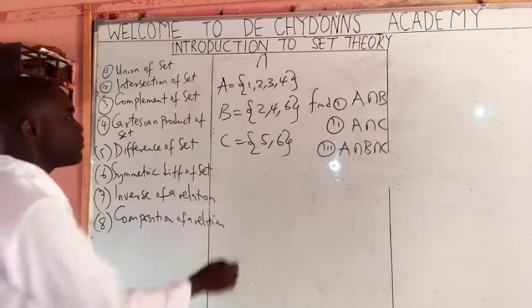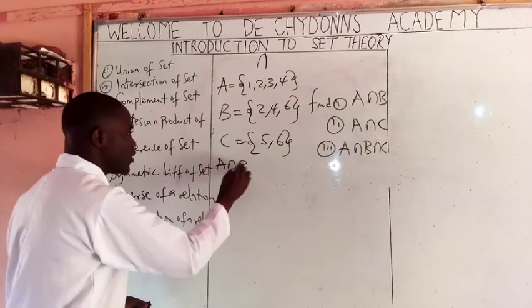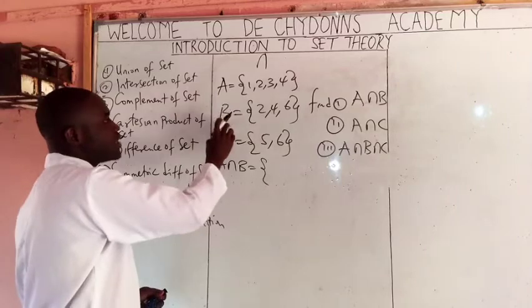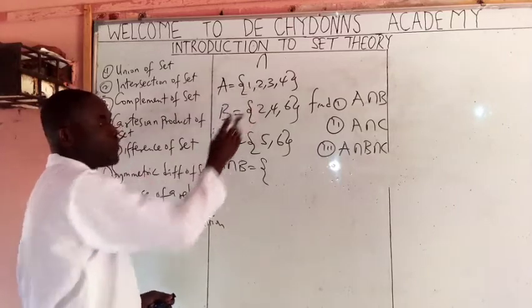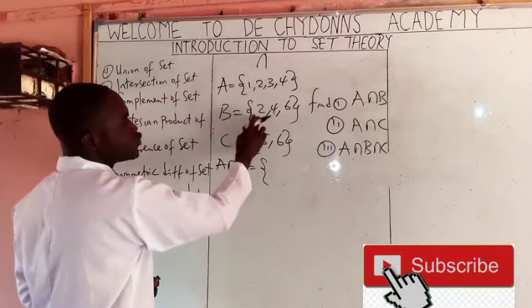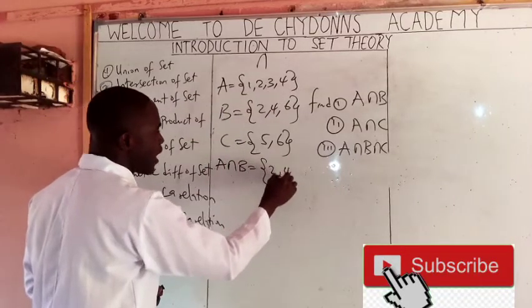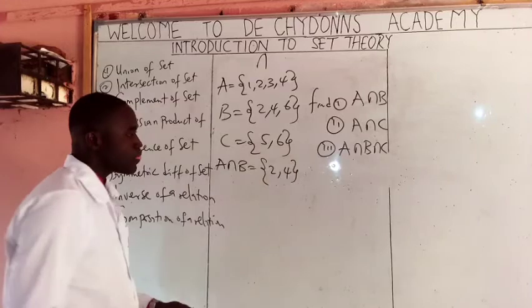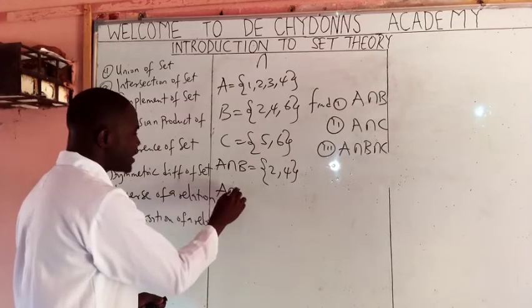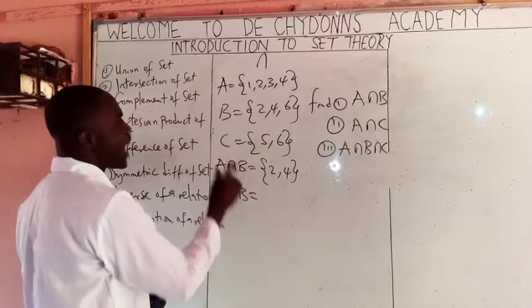See what it simply means. A intersection B. You ask yourself, what does set A and set B, what do they have in common? Set A have 2, 4, set B have 2, 4. You say the answer is 2, 4. Then you come again, A intersection C. What do A and C have in common?